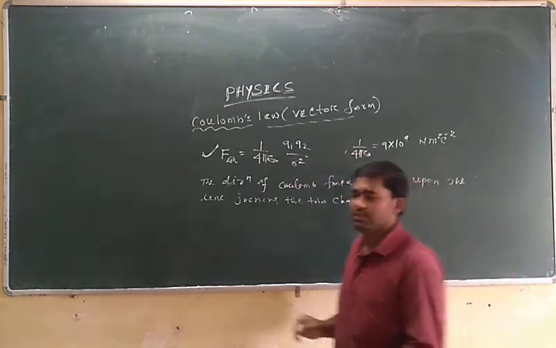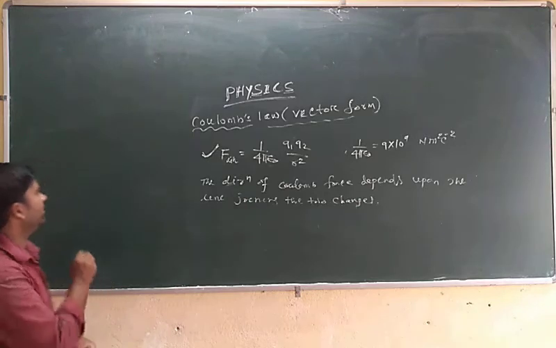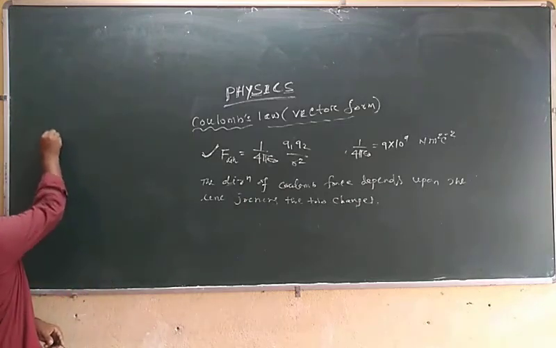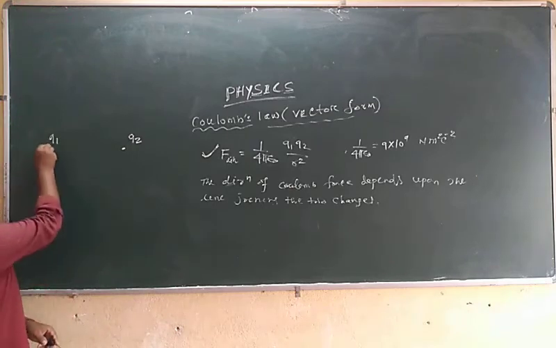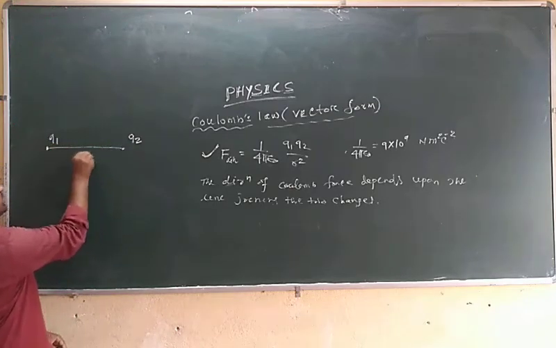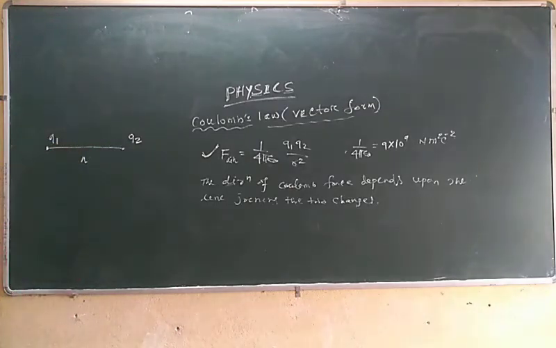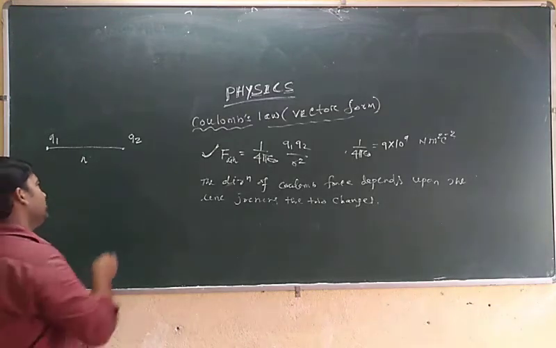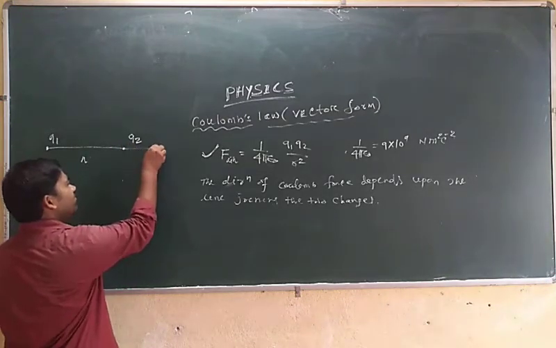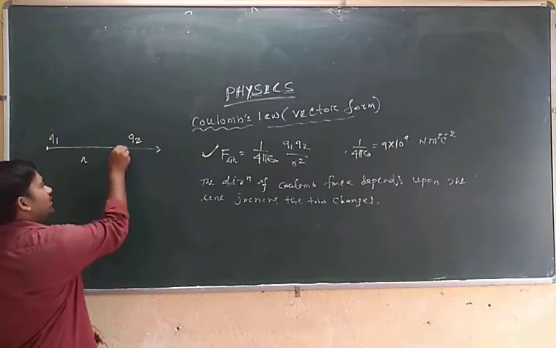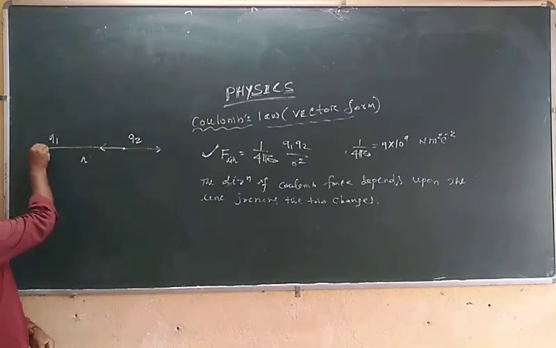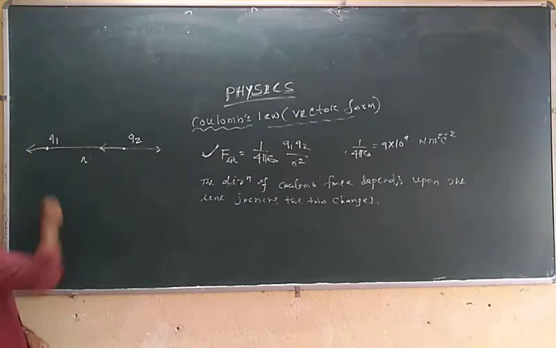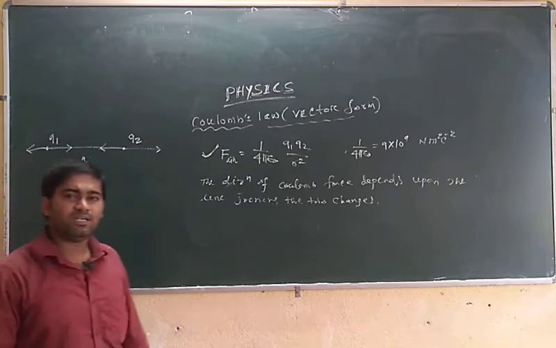Line joining the two charges means, suppose here one is q1 and this one is q2, and the separation between q1 and q2 is r.